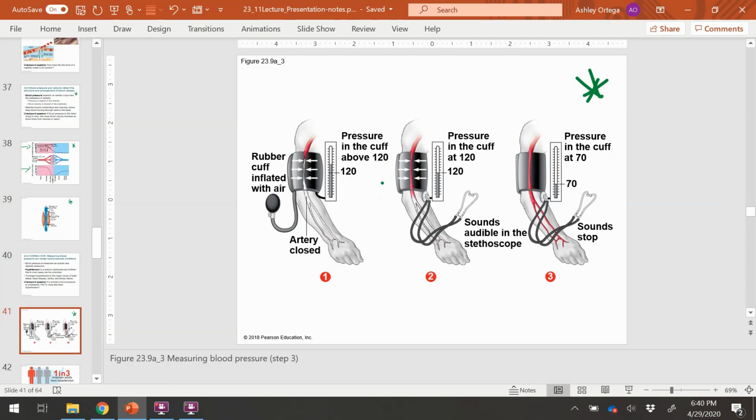So how do you measure blood pressure? You can use a machine, or you can go old school and use an inflator cuff and a stethoscope, which you see here. An important side note about the machines: the arm machine is the most accurate. The wrist machine, while accurate, depends on the positioning of your wrist, and that can lead to inaccuracy.